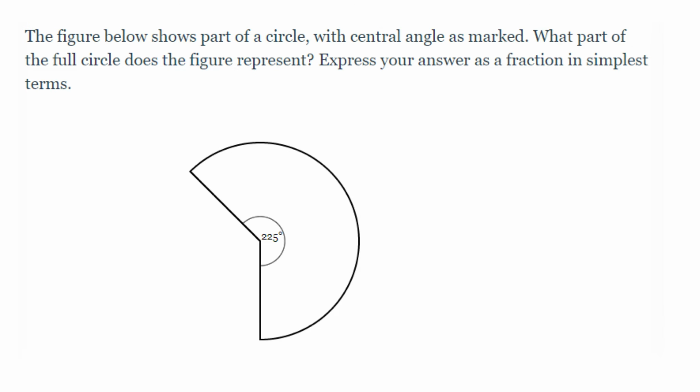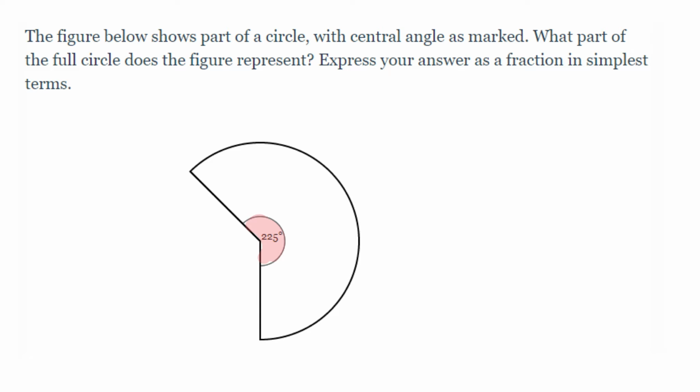So this one is exactly the same, but completely reversed. On the last one, we took the partition of the circle that we're dealing with, and we found the degree measurement. On this one, we're given a degree measurement, and we're asked to find what part of the circle we have, what proportion. So we have a 225 degree angle measurement.